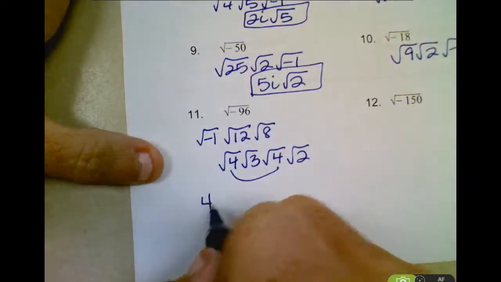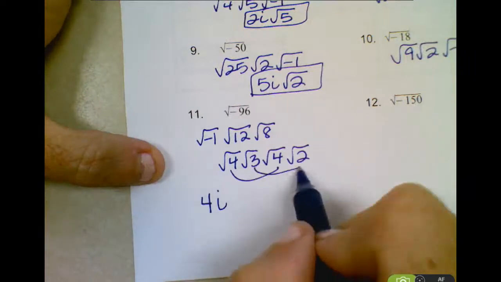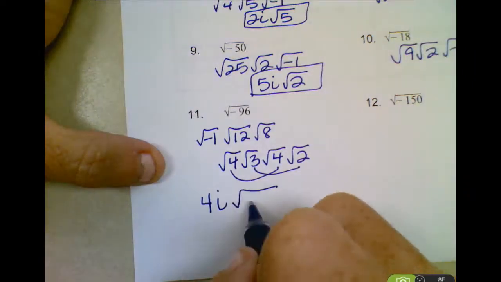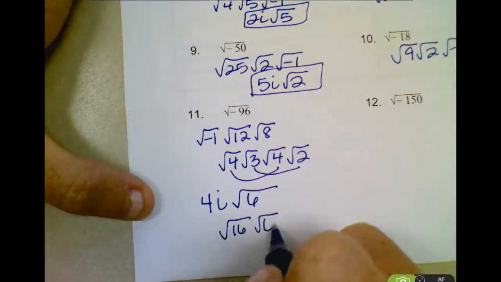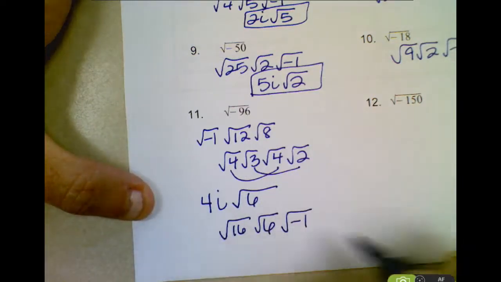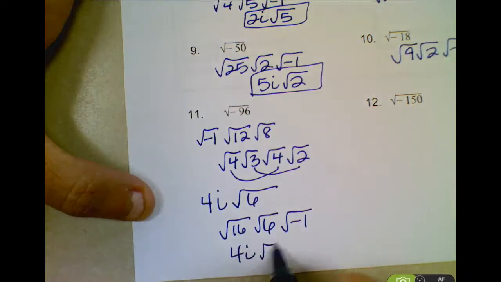So I have 4, my square root of -1 is i. The numbers that do not pair up go back inside the radical and multiply together, so 3 times 2 is 6. The other way I could have done that was square root of 16 times the square root of 6 times the square root of -1. 16 times 6 is 96 also, so I would have 4i square root of 6.